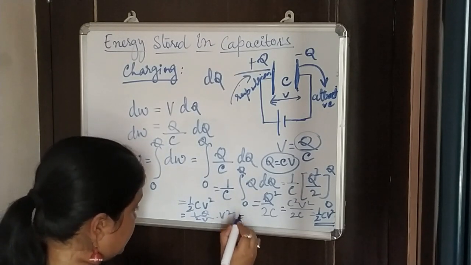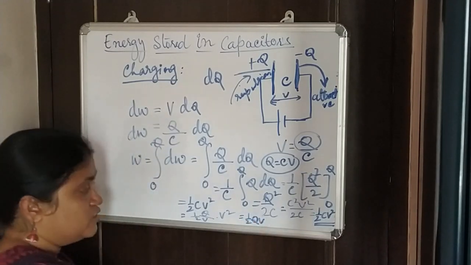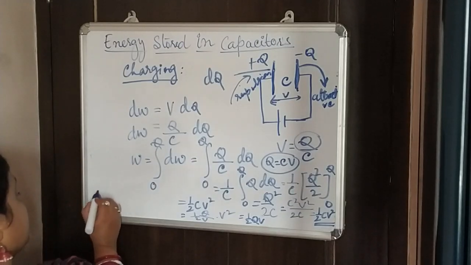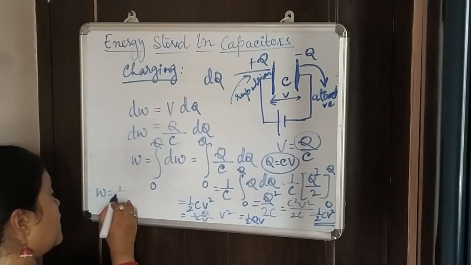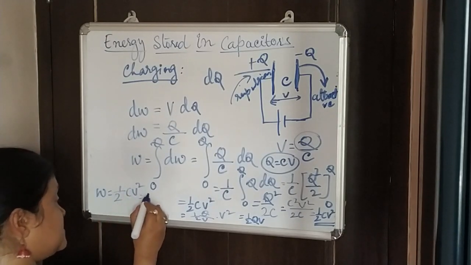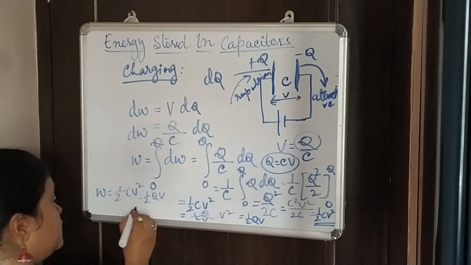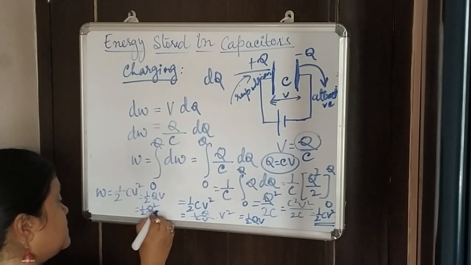So you will get half Q into V. This is a different form of the same equation: W equals half CV square, which is the same as half Q into V, or half Q square by C.